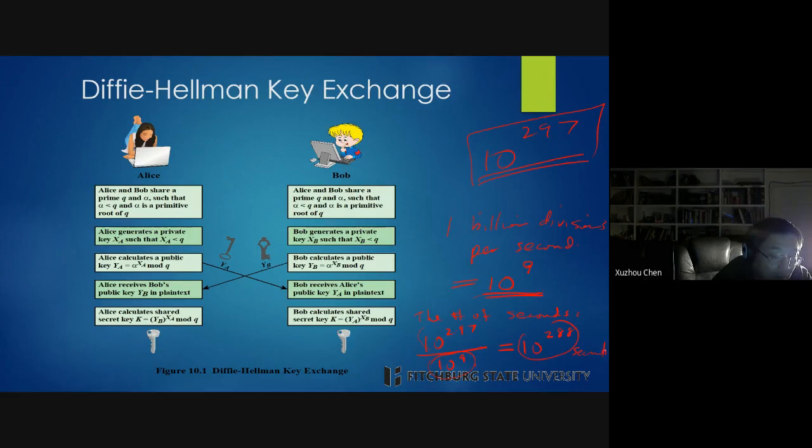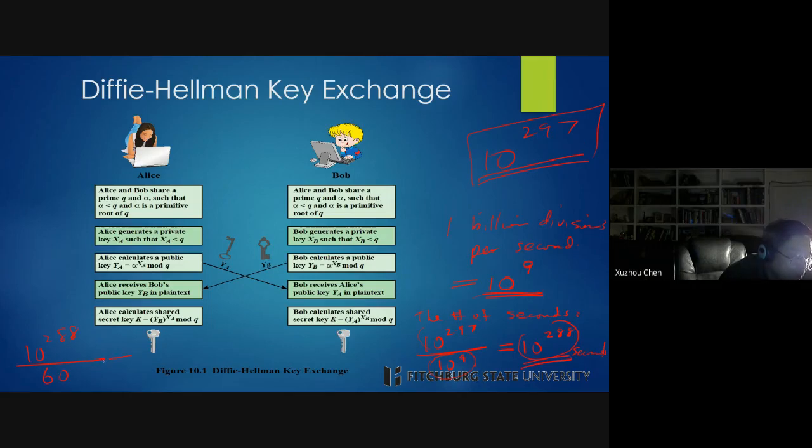So I need to run this operation on my computer for 10 to the 288 seconds. Now what does this mean? 10 to the 288 seconds. If I divide this number by 60, I get minutes, right? That's the total number of minutes.